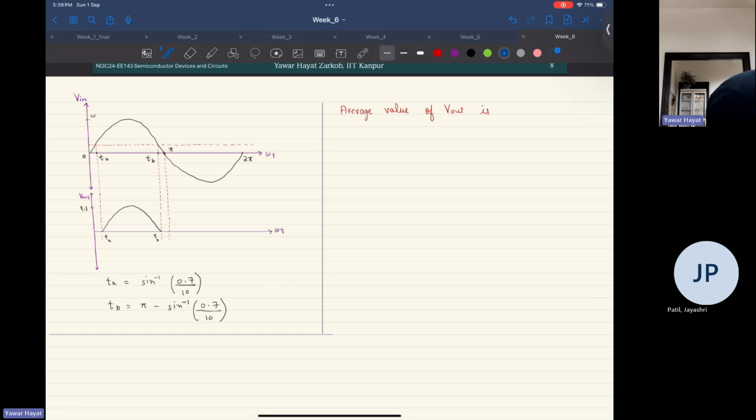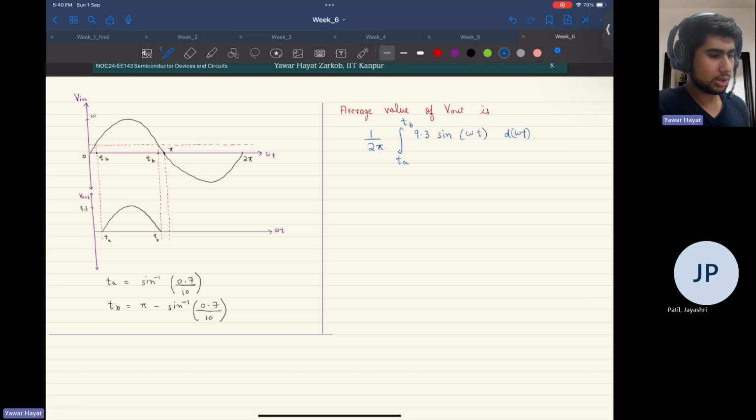That would be 1 by 2 pi, integral from TA to TB of 9.3 sine omega t d omega t. This would be your average value of V out.